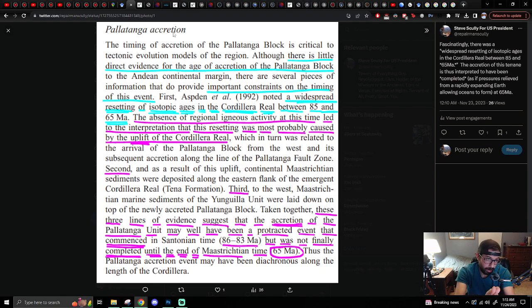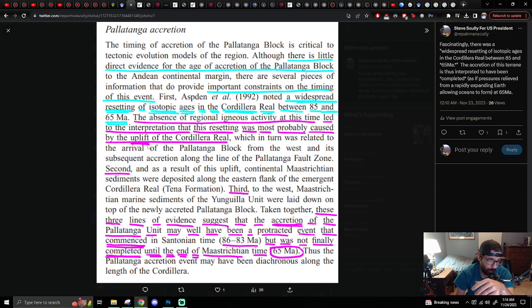The absence of regional igneous activity at this time led to the interpretation, so they're just trying to explain it, that this resetting was most probably caused by the uplift of the Cordillera Real. Like, imagine a secondary mantle puncture hole is punctured and then it starts to upwell, leading to uplift. So that kind of fit, to a point where I just underlined it.